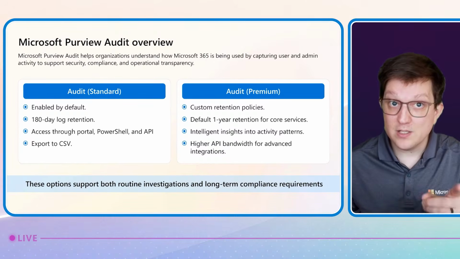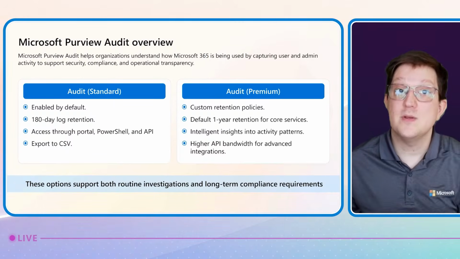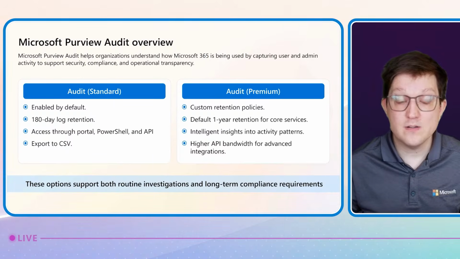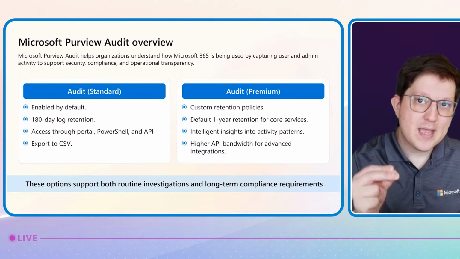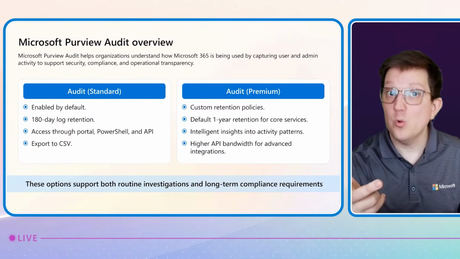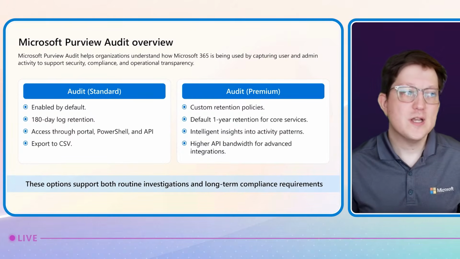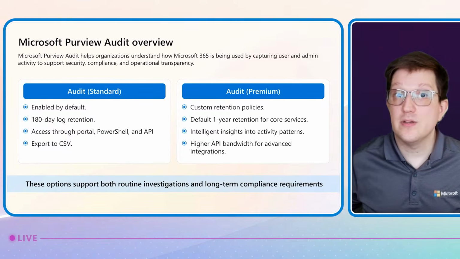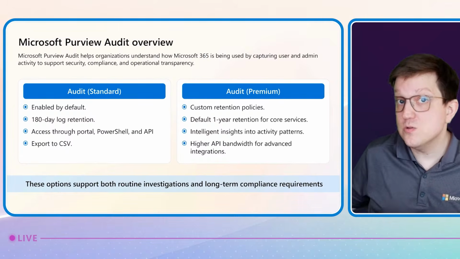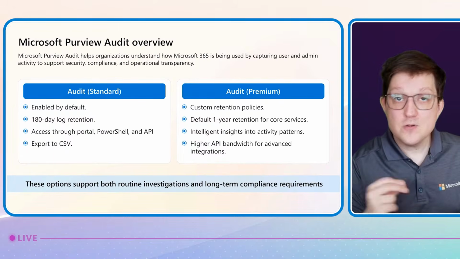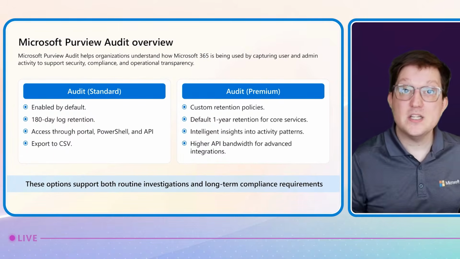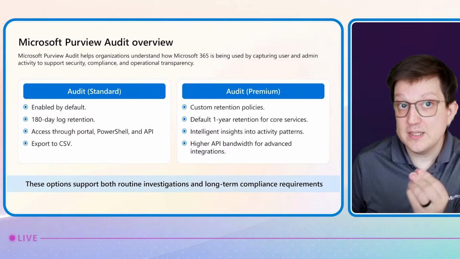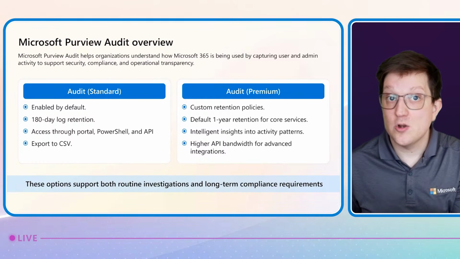Or, and critically for the exam, the reason you typically pick the premium version of audit, a high API bandwidth export. What do we use this for? Large organizations that need to take the data from the audit log and put it into a secondary location to be able to export and use it elsewhere. If you see something around a regulator and it's talking about a 9-month period in the exam, 180 days isn't going to reach it.